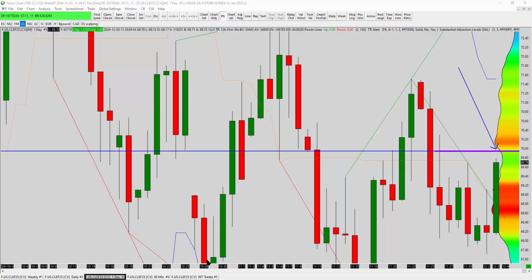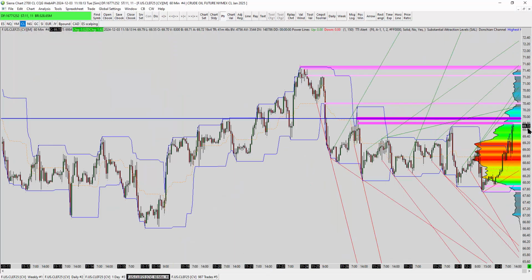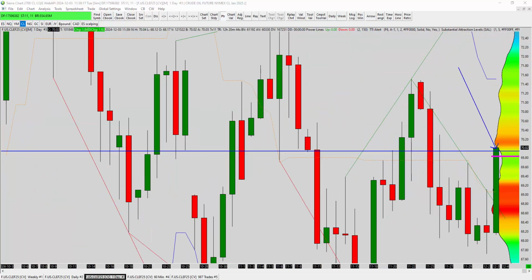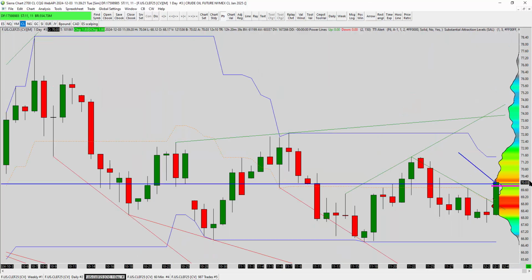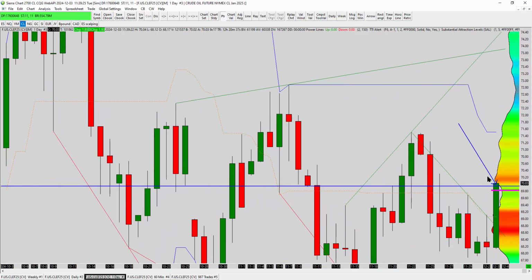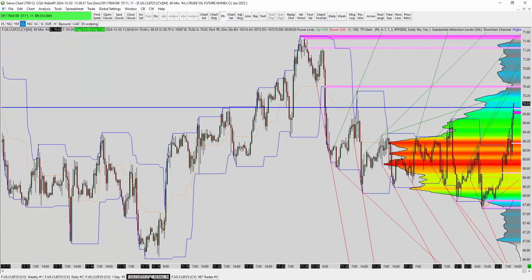This is the biggest level, and I have it here in the 60-minute chart, and let's wait and see. Now these levels are key, and that's exactly what happened. Just for you to see, this was really a given because the SAL indicator showed us that it is coming up, and now I think there is a kind of rejection area here that might hold.